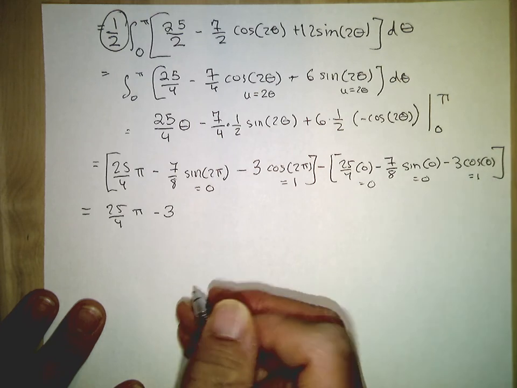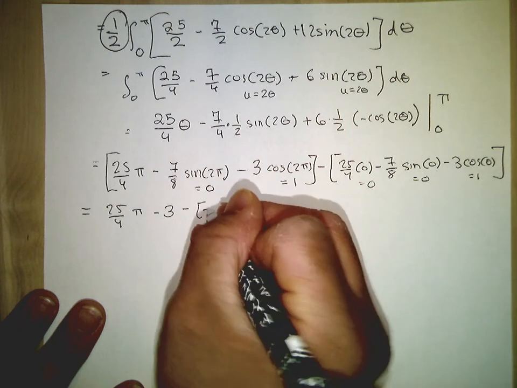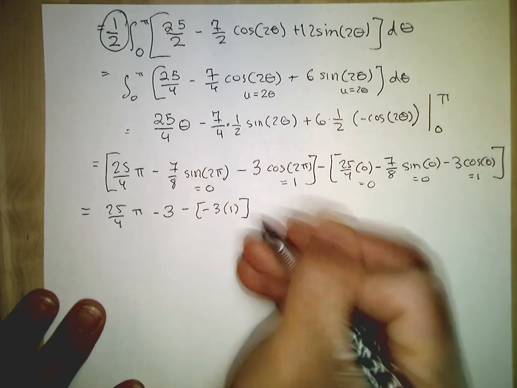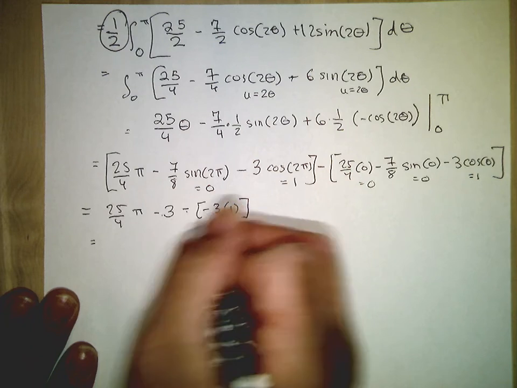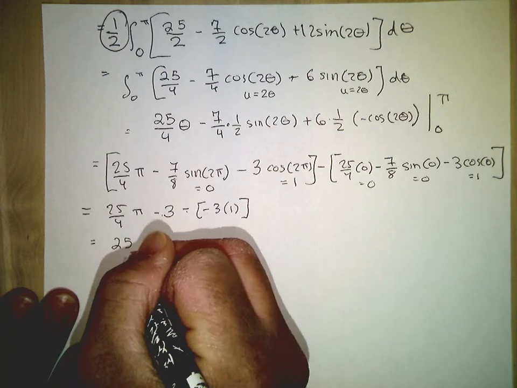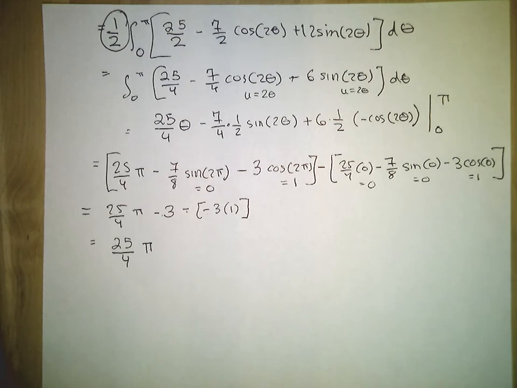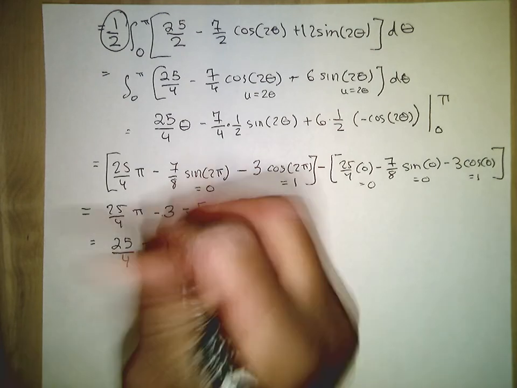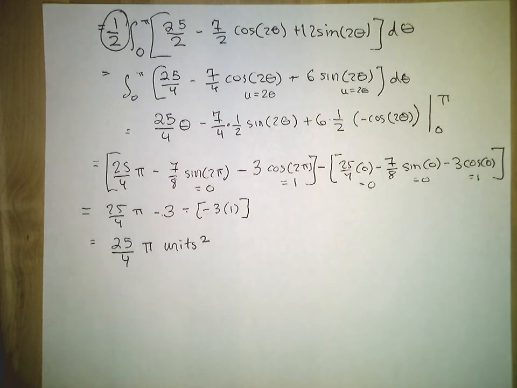So minus the negative 3 times 1. So this will be negative 3 minus negative 3, which is 0. So 25/4 pi. What a time to be alive. So this is the area, and this is units squared.